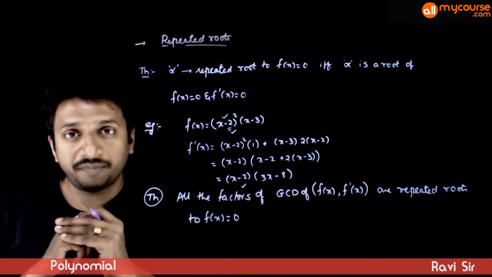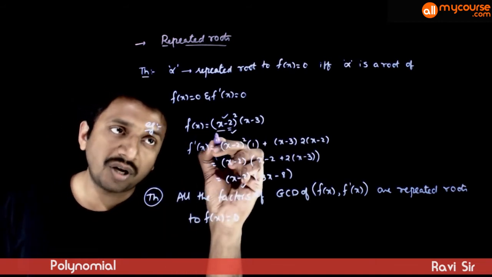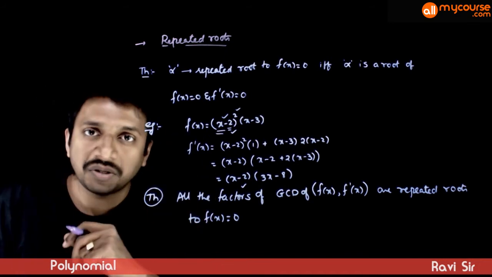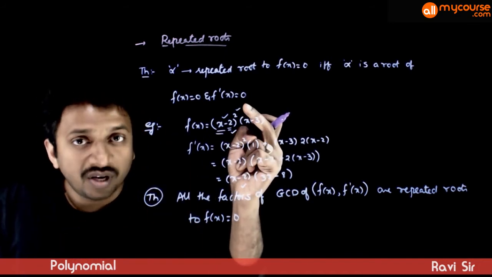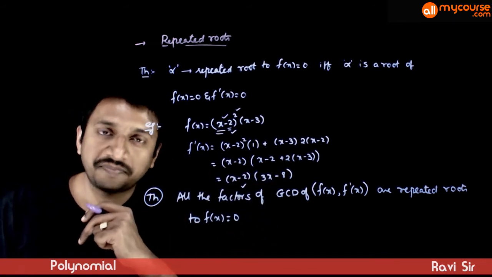And most usually what happens is, if a root is of multiplicity m to f of x is equal to 0, that root will be of multiplicity m minus 1 to f dash of x.